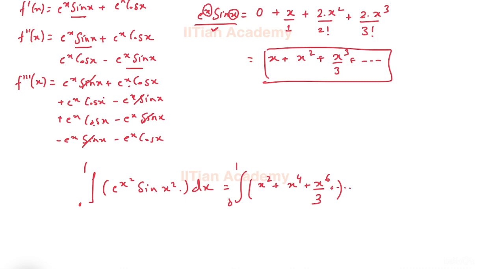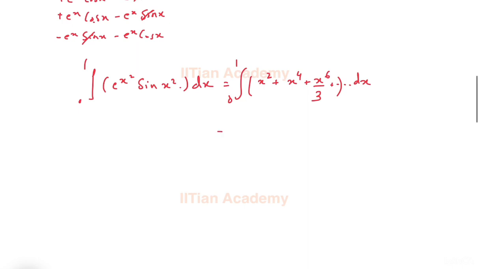into dx. So let us try to integrate this function and find what we get. So this integration will be x cubed by 3 plus x to the power 5 by 5 plus x to the power 7 by 21, with limits ranging from 0 to 1.